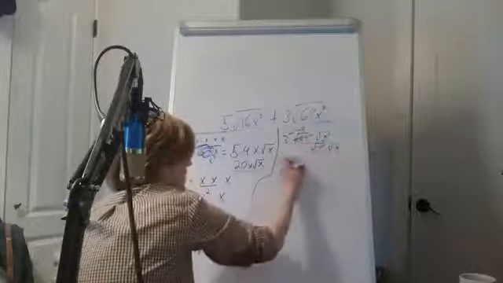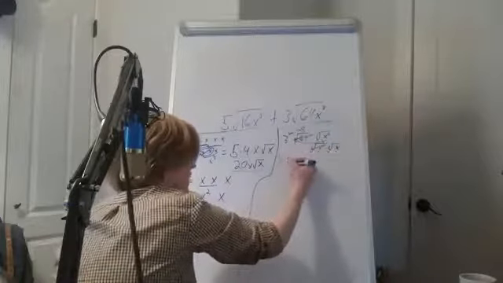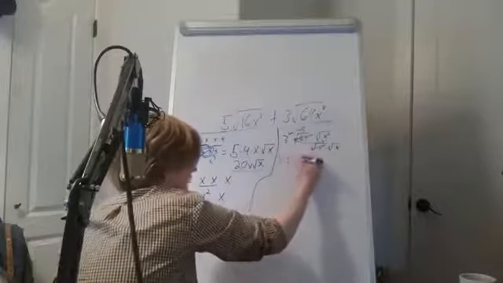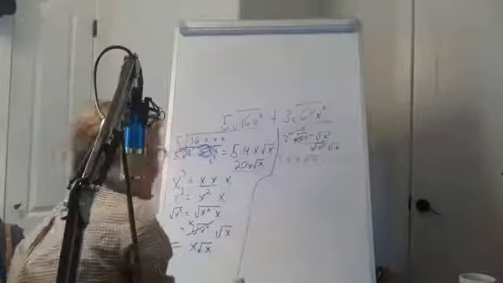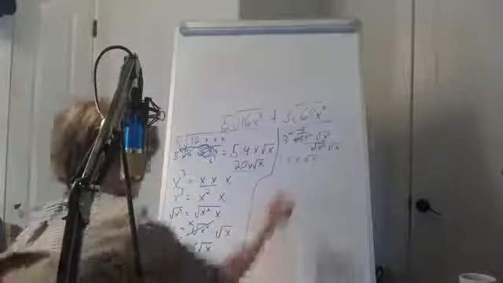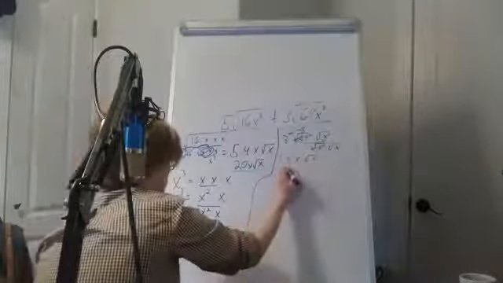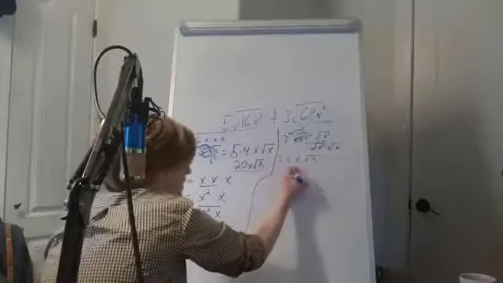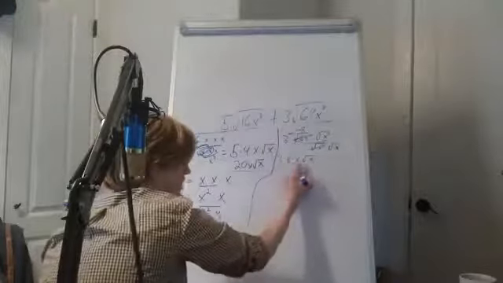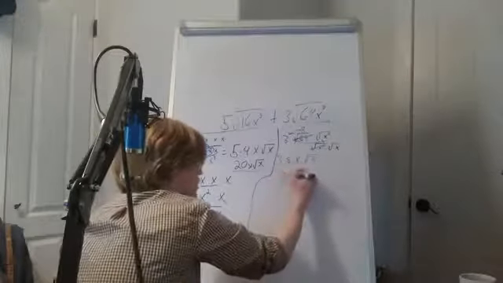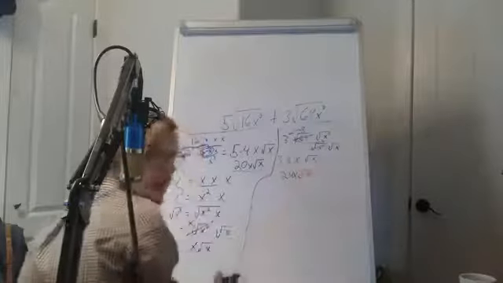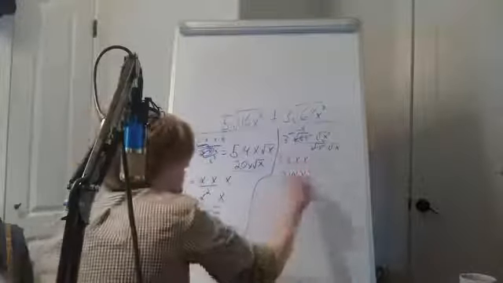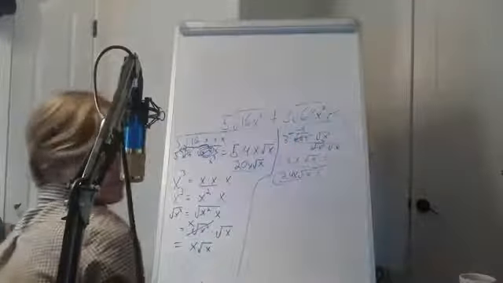So we get 3 times 8 times x times the square root of x. 3 times 8 is 24, times x is 24x. So we get 24x times the square root of x. This is the simplified version of 3 times the square root of 64x cubed.